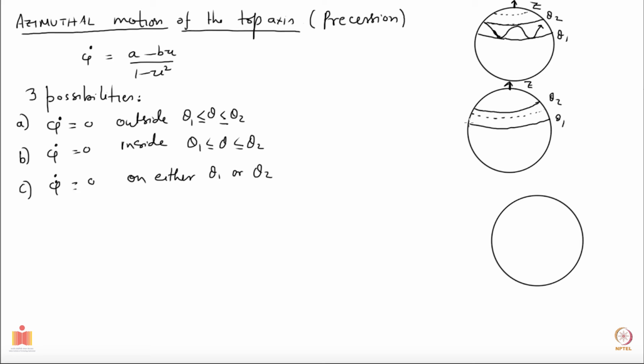The axis is going, increasing in its value of phi, so the azimuthal angle is increasing, but when it reaches this point, the rate becomes 0. It becomes 0, so after that it has to change sign.